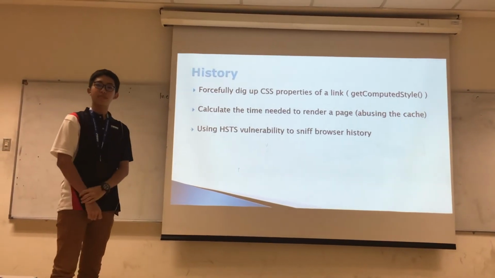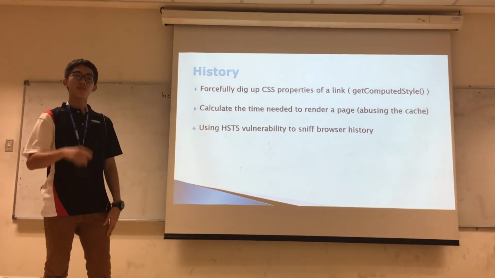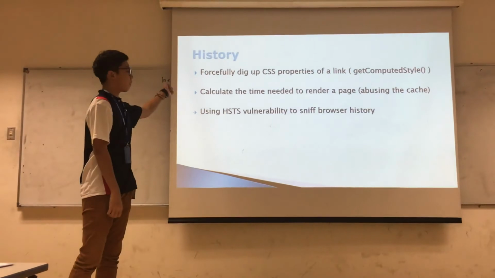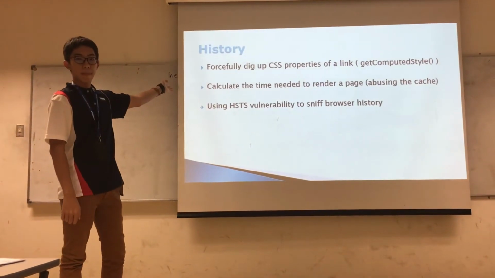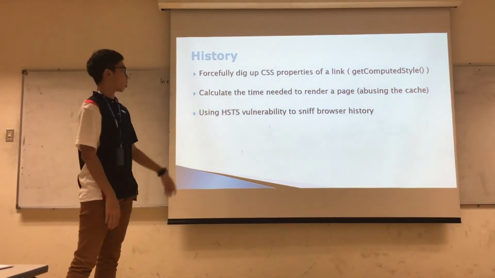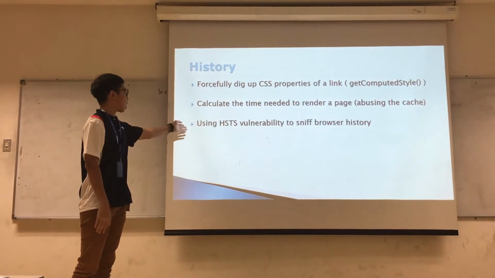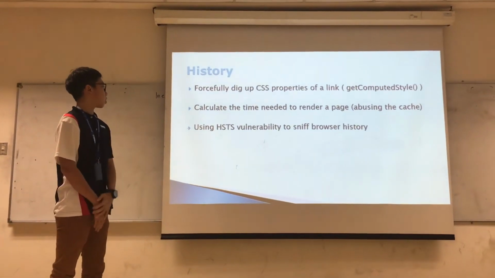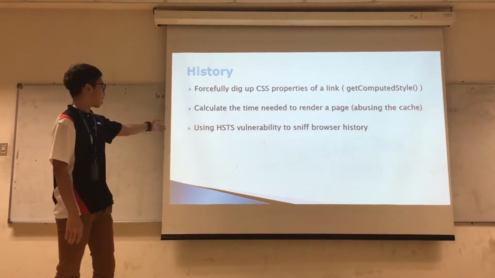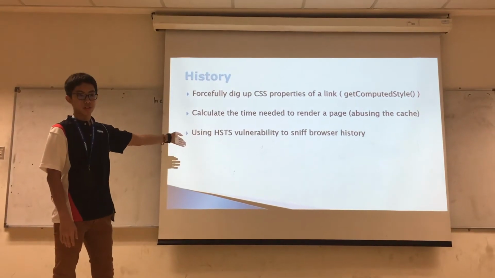Sometimes if you visit a web page, it's slower than usual. It's because it's the first time you visit the web page, and the information of the web page is not yet stored inside the cache. And the last one is using an HSTS vulnerability to sniff browser history. This method is especially efficient when used against JavaScript.